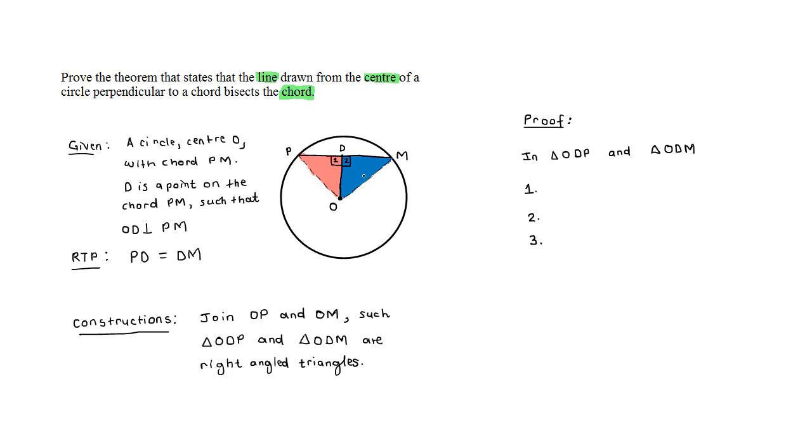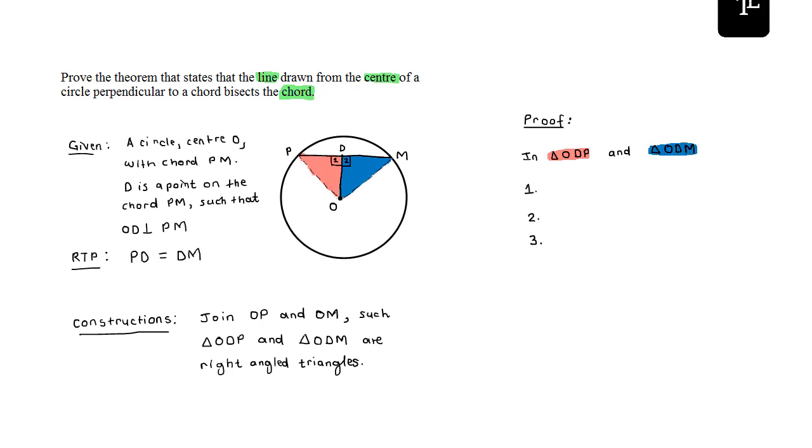Basically we have to prove that these two triangles are congruent. We first started off with the triangle ODP, which is the red triangle, and then we have the triangle ODM, that's the blue triangle.